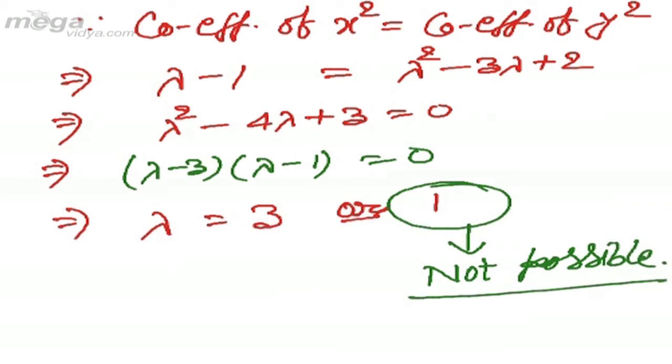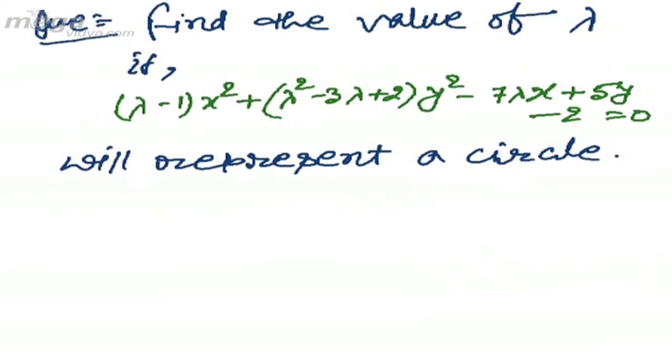Now we will see lambda equal to 3. When you put lambda equal to 3 here, it becomes 3 minus 1, that is 2 x square plus 3 square minus 3 into 3 plus 2. So 3 square minus 3 into 3 cancel, plus 2y square.